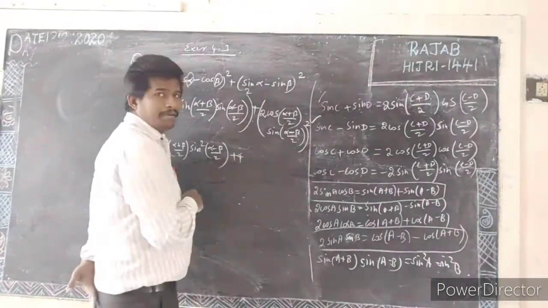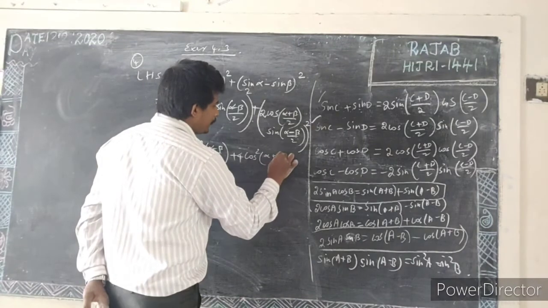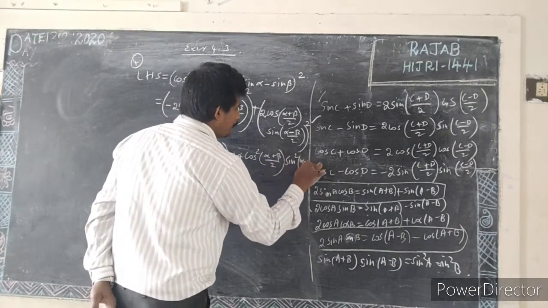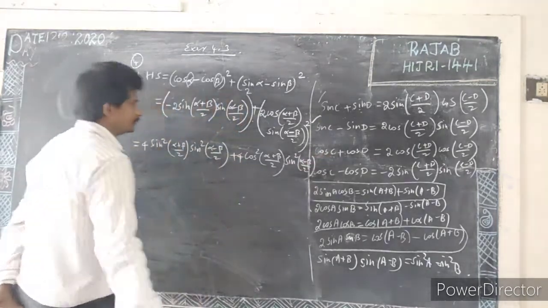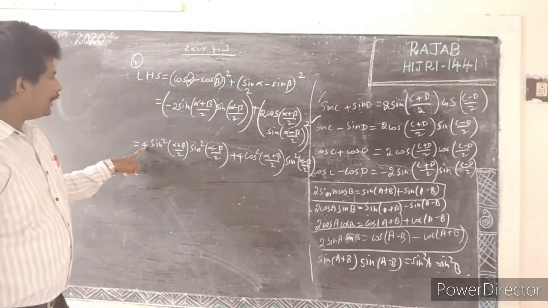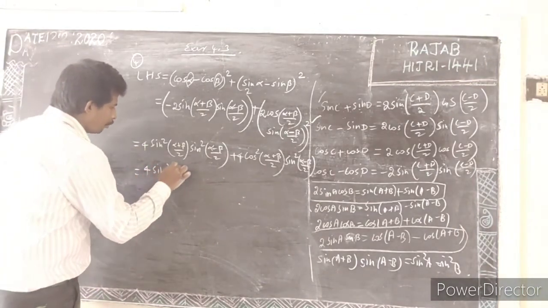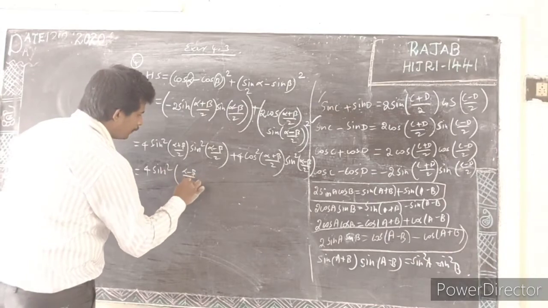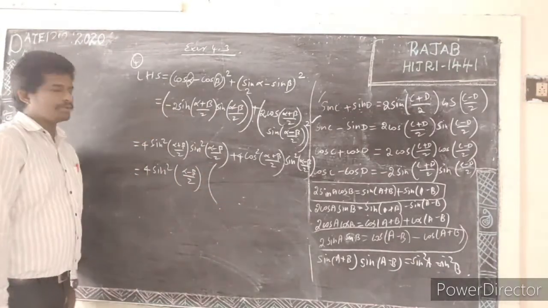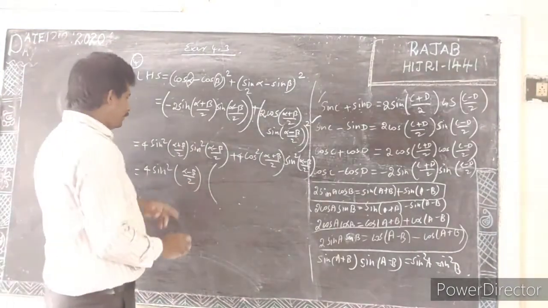So 2 will become 4 cos square (alpha plus beta)/2 sin square (alpha minus beta)/2. From these two terms I am going to take 4 sin square (alpha minus beta)/2 as a common factor.